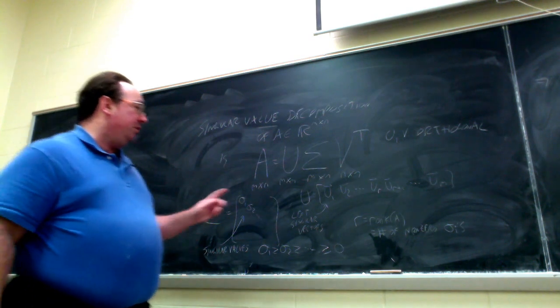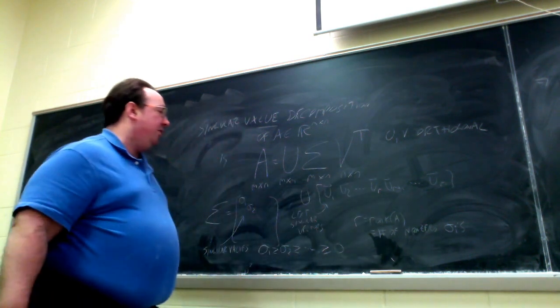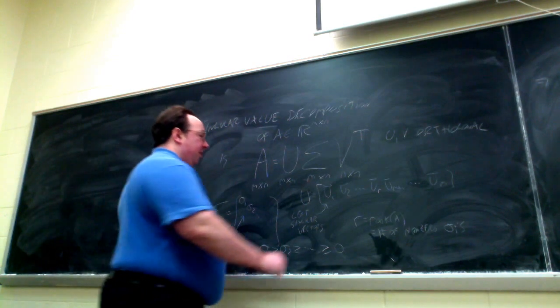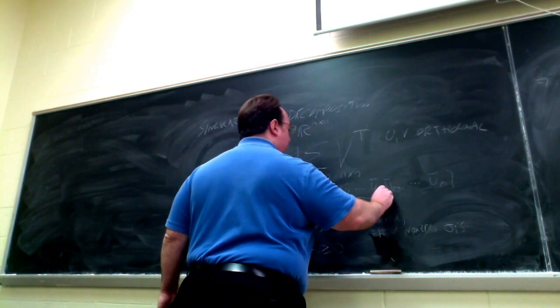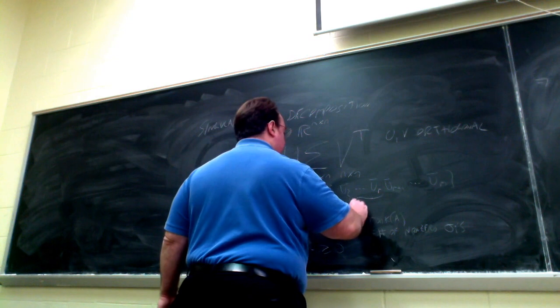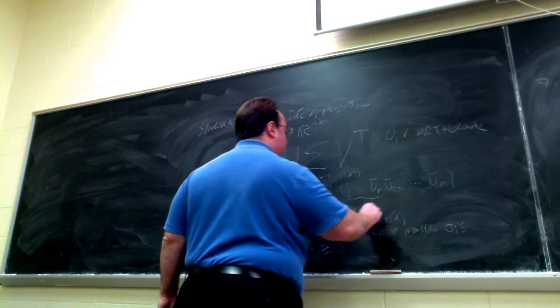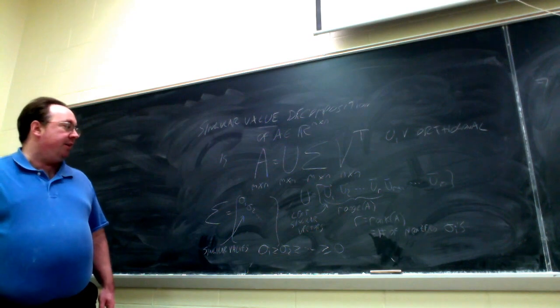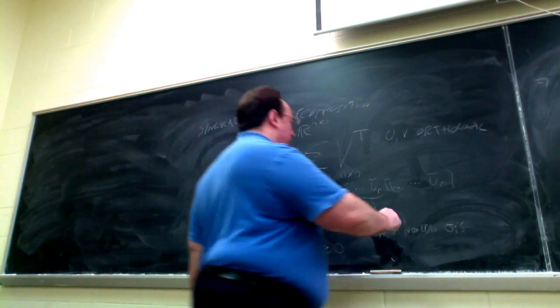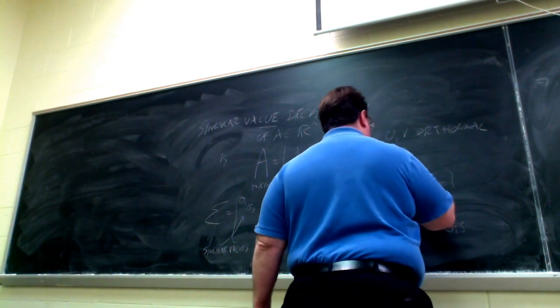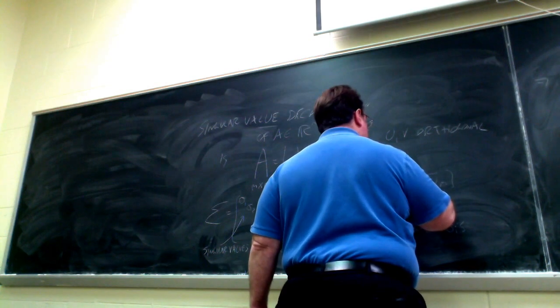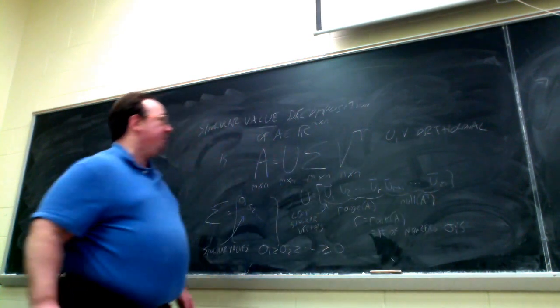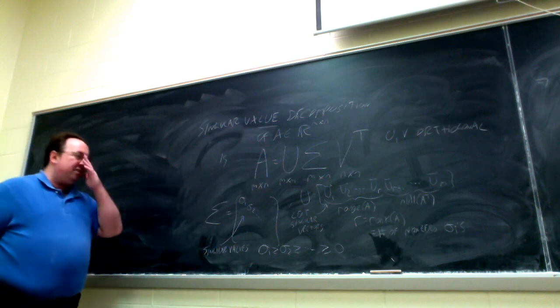And so I'm including the rank in the description of the left singular vectors because these first r left singular vectors form an orthonormal basis for the range of A. And then the remaining left singular vectors describe the null space of A transpose, because I can take the transpose of both sides.